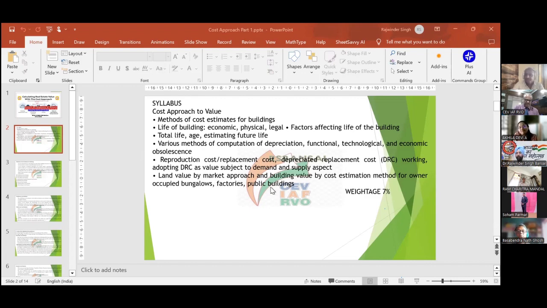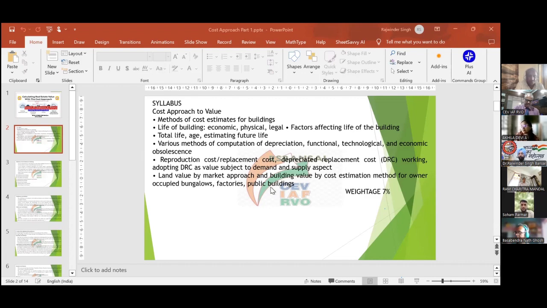As far as syllabus is concerned, here you have to learn the various methods of cost estimates for building. Then the main thing involved in this approach is life and age of the building. As far as life is concerned, there are three different types, basically economic life, physical life, and legal life of the building.